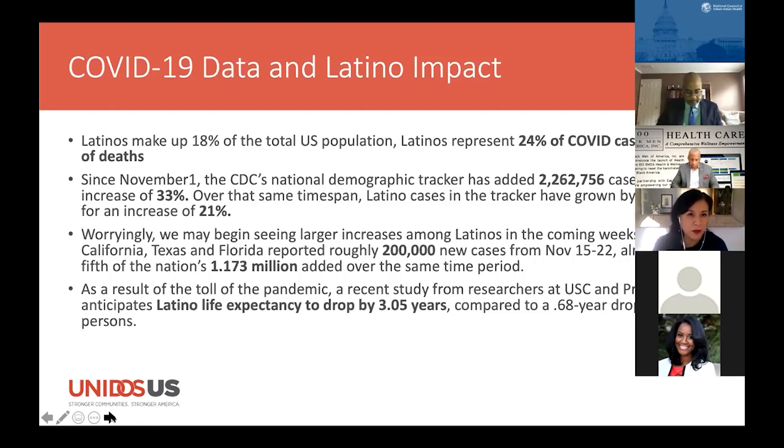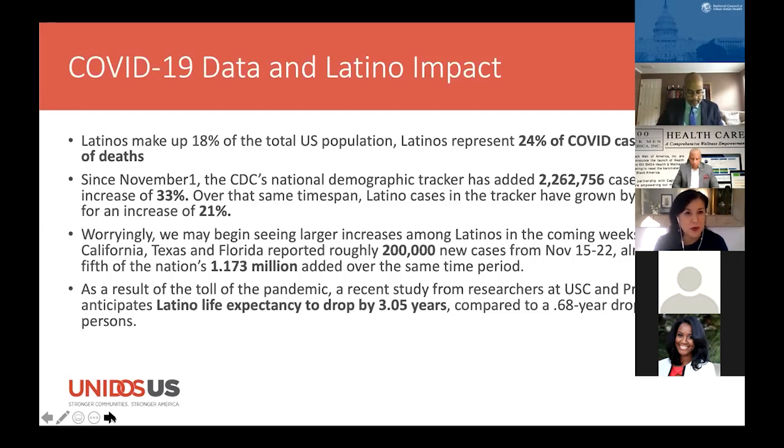So one of the things that Unidos US did really at the beginning to help mitigate the impact of COVID on our communities, in April of this year, it feels like last year, right, was that Unidos established an Esperanza Hope Fund to work in 3 areas. It is really to support our affiliate network, community-based organizations, to respond to the needs of Latino families across the country that were exacerbated by the pandemic.